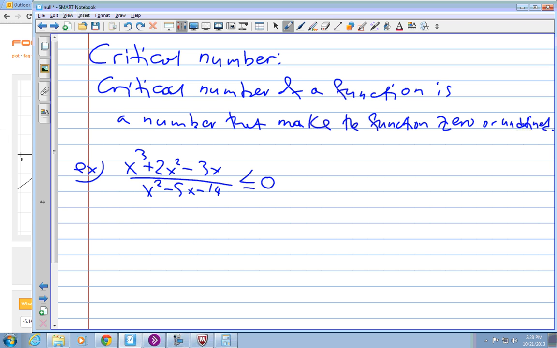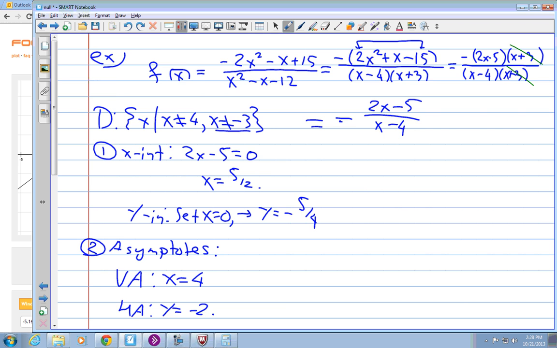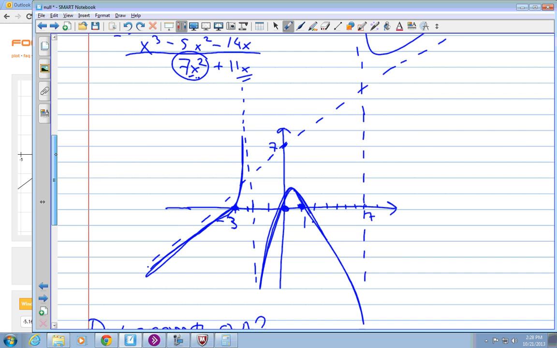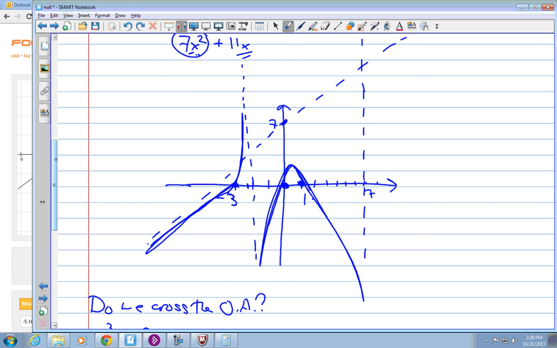Let's do less than or equal to 0. Okay? Really, you just have to look at the graph and see where's the graph below the x-axis. So since we already did the graph of that function, that was funky, right? Was that the graph? All right. When is it below the x-axis?